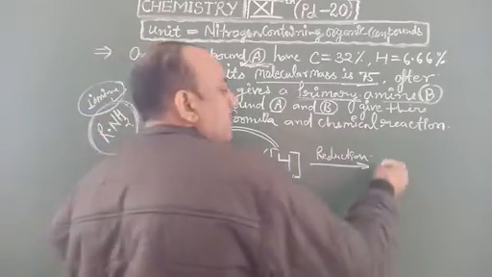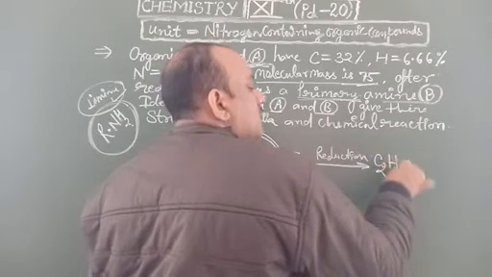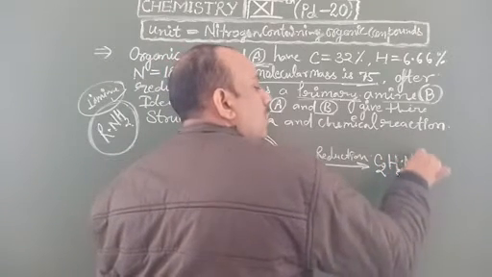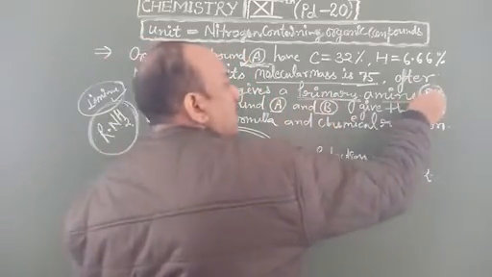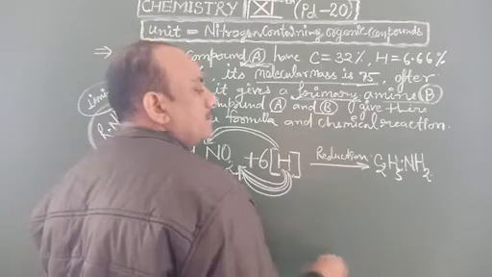The first product is C2H5NH2. It is known as compound B because it is a primary amine.